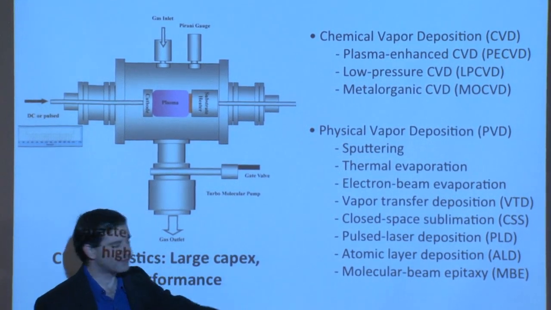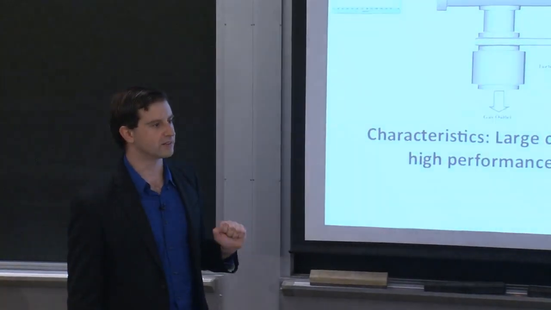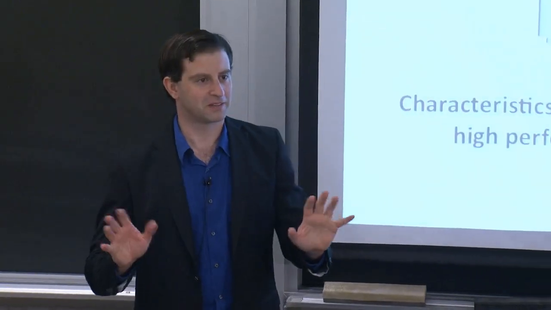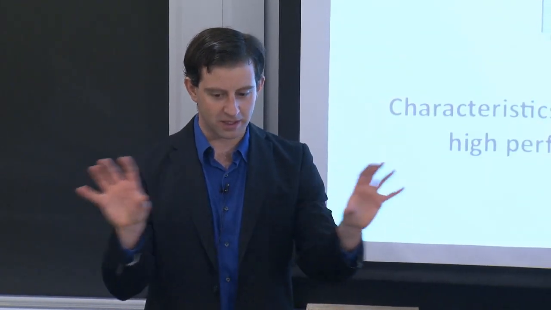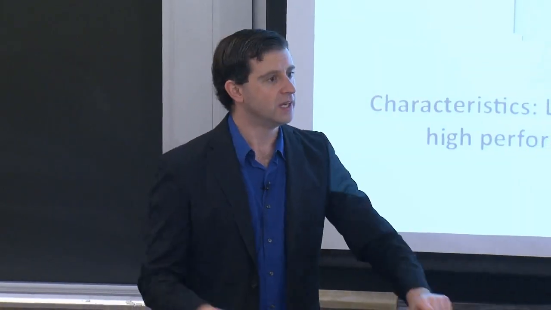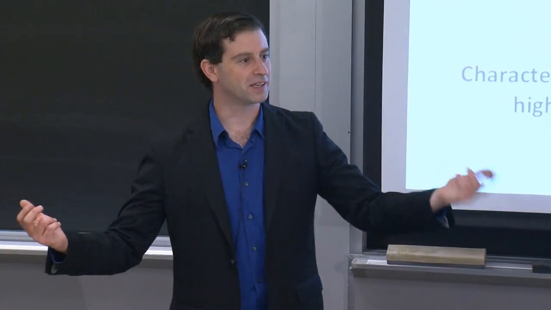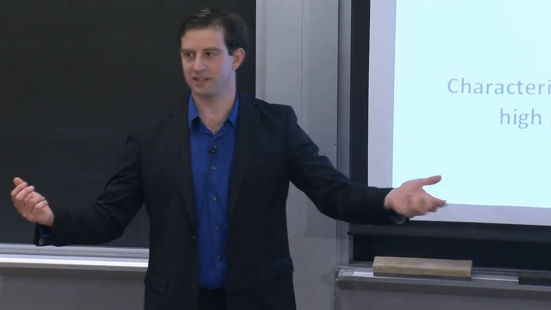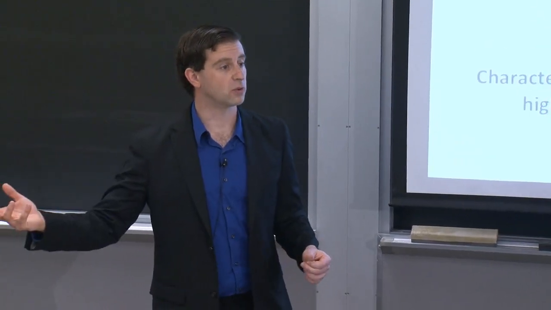And so a very simple way to think about the vacuum-based deposition technologies is a compromise. It is an oversimplification indeed, but it's an easy way to get started thinking about the parameter space of all these techniques. It's a compromise between speed and quality. Some of the techniques that are fastest also tend to be the lowest quality materials, and the ones that tend to be the slowest tend to produce the highest quality materials.